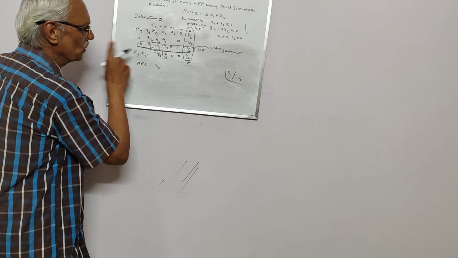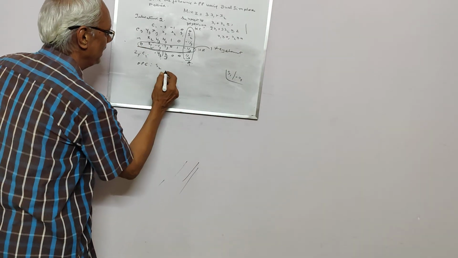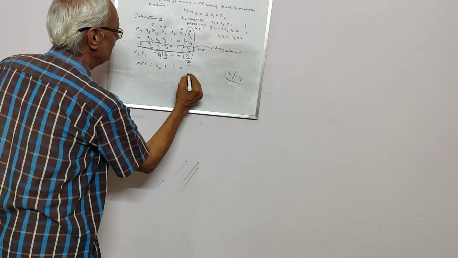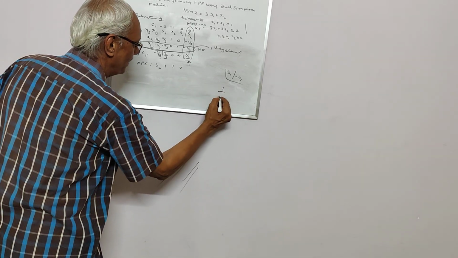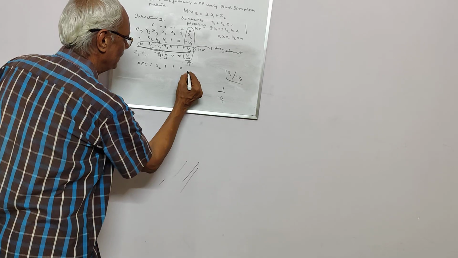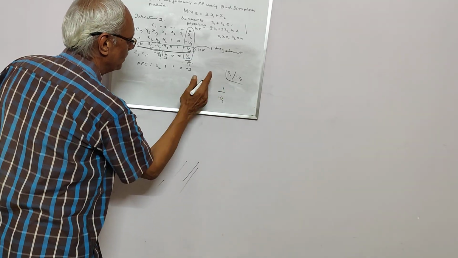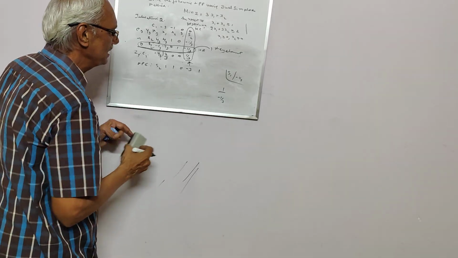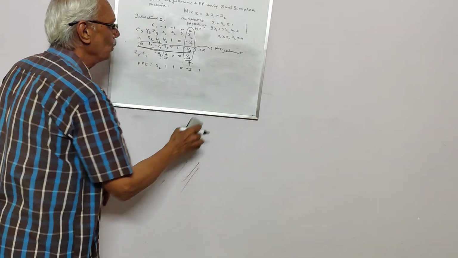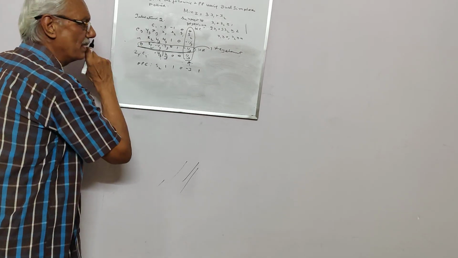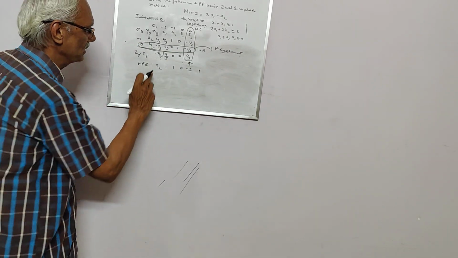That means take this S1 row and divide throughout by minus 1 by 3. So the first one is 1, the second one is 1, third one is 0. It is 1 divided by minus 1 by 3. 3 will go to the top, so minus 3. Minus 1 by 3 divided by minus 1 by 3 is 1. So this is my new pivot equation. You know how I get this? Take this S1, divide throughout by minus 1 by 3, and you will get the answer.